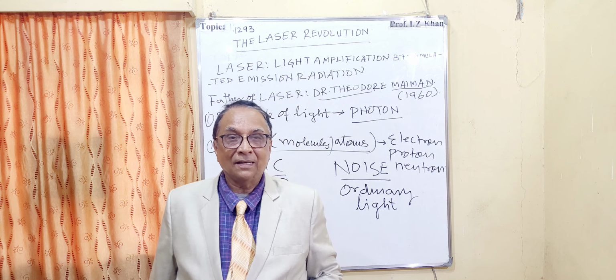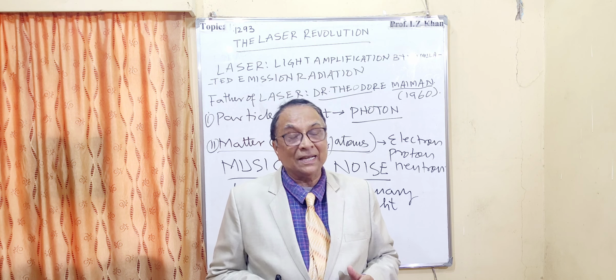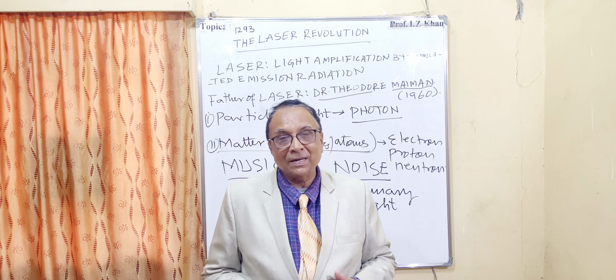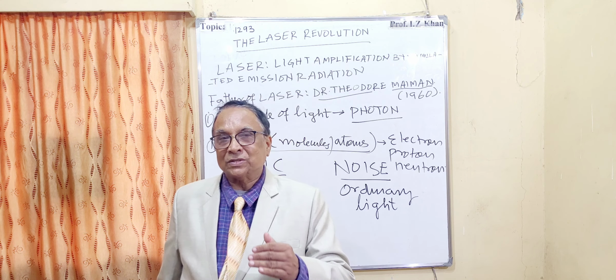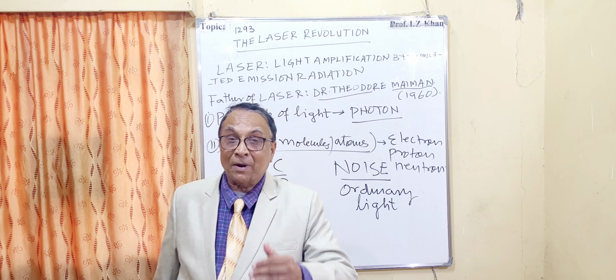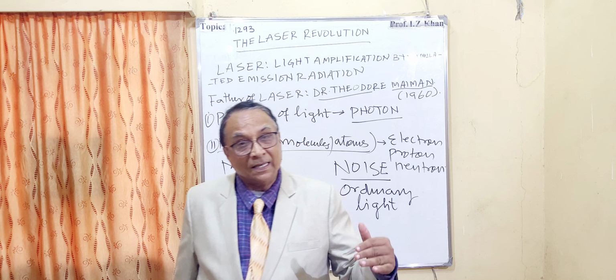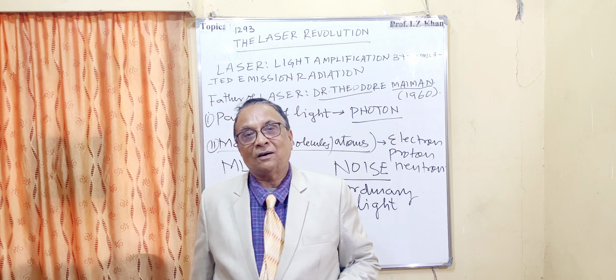So it has a variety of conditions depending upon amplification. And also nowadays different fluorescences are there, depending on how different types of atoms go to a high energy state and come back to a lower energy state, and emit different types of fluorescence.